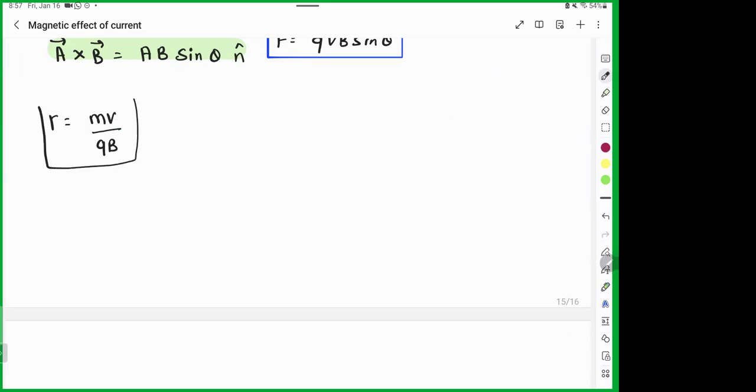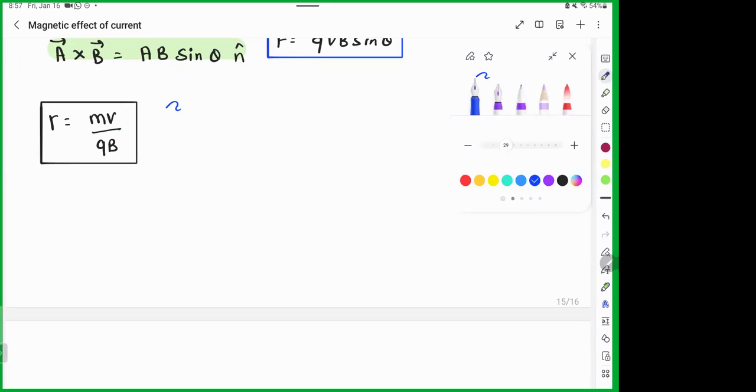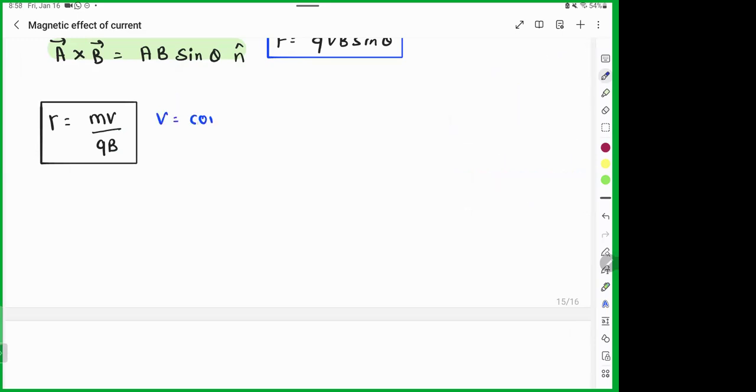Okay. You know this. In this case, if your velocity is constant, can we say your R will directly depend upon the mass because velocity is constant, and q because B is ultimately constant. You use only uniform magnetic field.